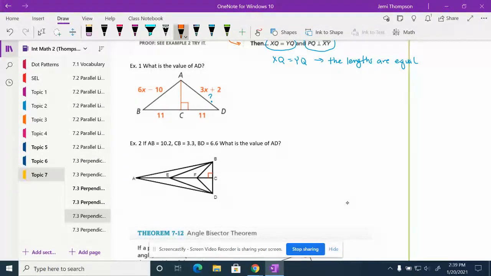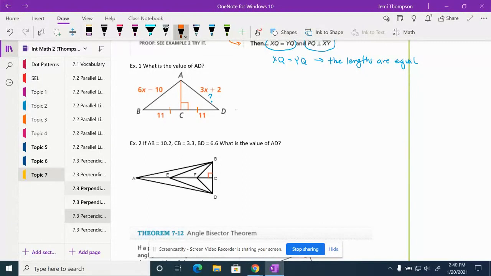That large shape that's outlined in black, I've got a triangle. Things you might notice. This height right here, AC, this line segment, is perpendicular to BD. That's what that little box means. And you may also notice that BC is 11 and CD is 11. So if I wanted to mark those as congruent, I could do that with these little slashes.